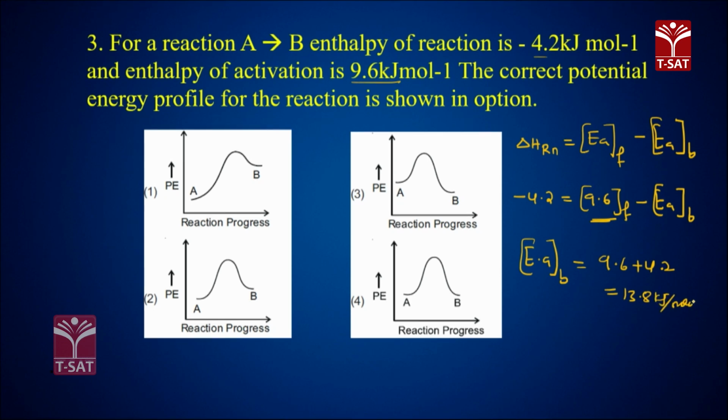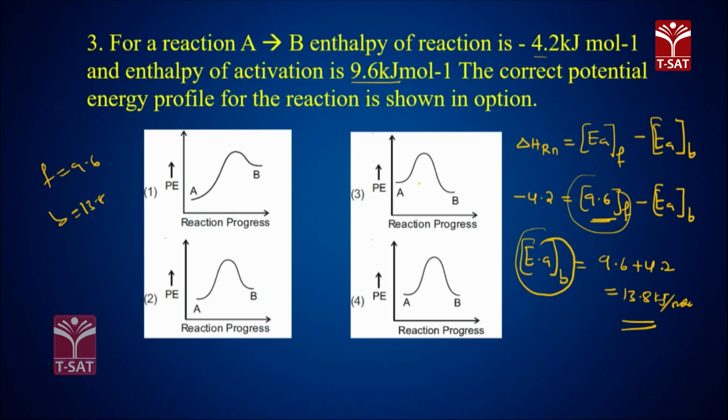See carefully, the activation energy for the backward reaction is more than the activation energy for the forward reaction. Forward reaction is 9.6 and backward reaction is 13.8. This you can see in option 3.